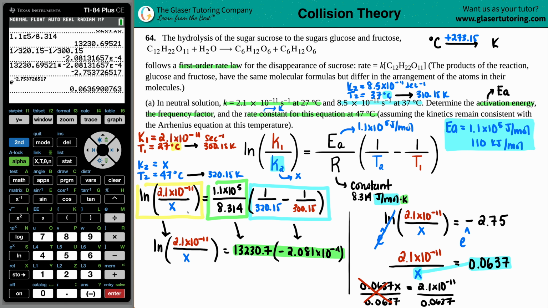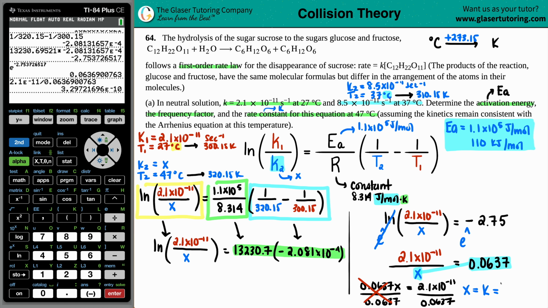Now we're going to finally include that 2.1 times 10 to the negative 11th divided by this whole value. And there we go. X, which was, maybe I'll make it in blue, because this one was the k2, right? That was the rate constant.